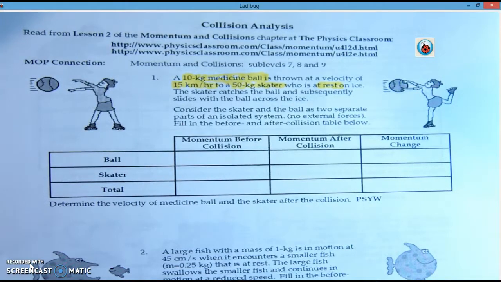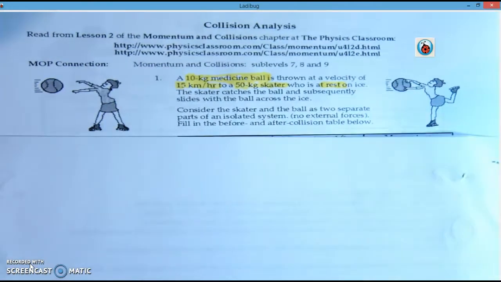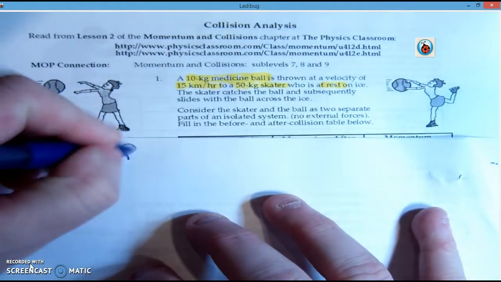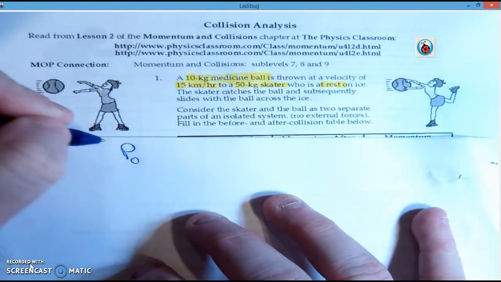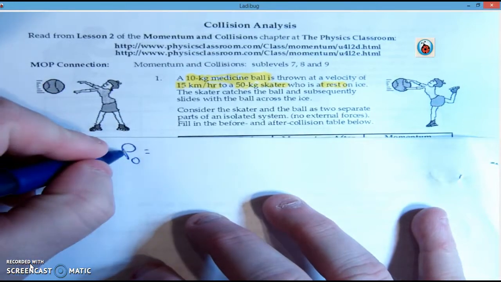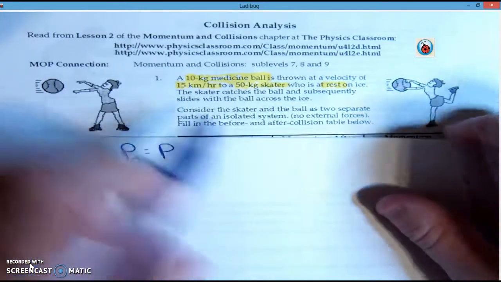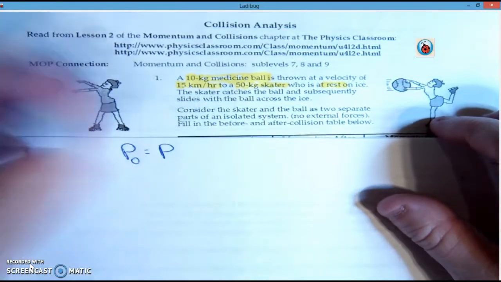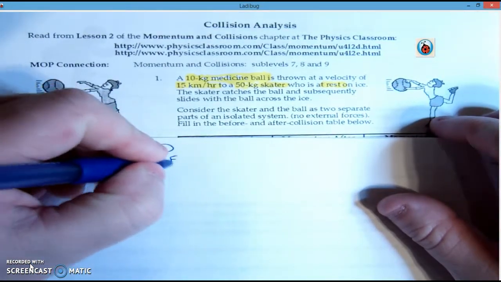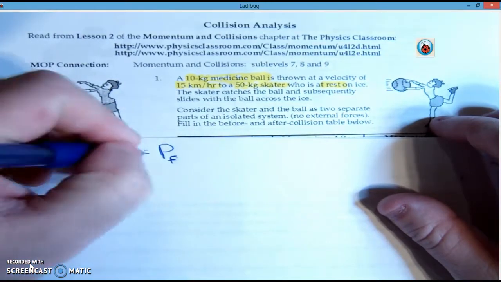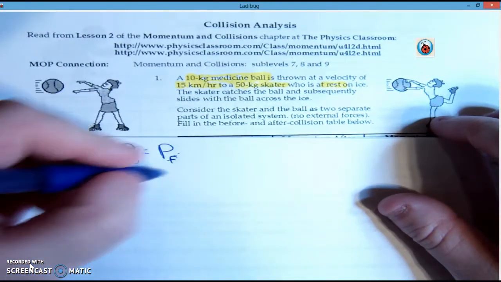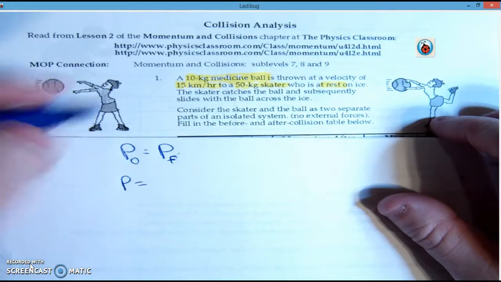Okay, notes time. I'm going to start taking them right here. A couple things we need to know. In a closed system, which it says here, an isolated system, initial always equals final.